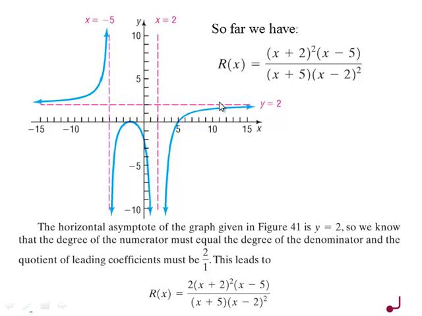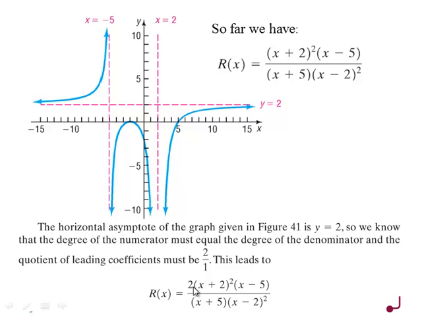And then the last thing that we need is to make sure that when x is equal to 0, y is equal to -2, because if it's not, then we need to adjust somehow. But with this function as it is, when we replace x by 0, what do we have?